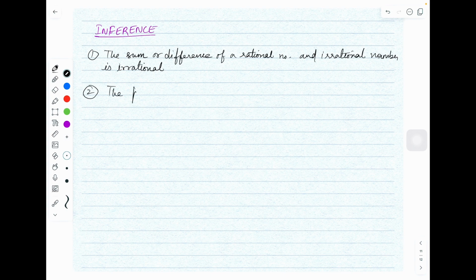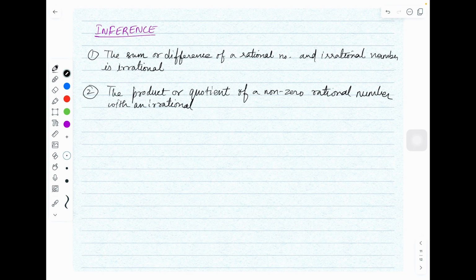Second, the product or quotient of a non-zero rational number with an irrational number is irrational.